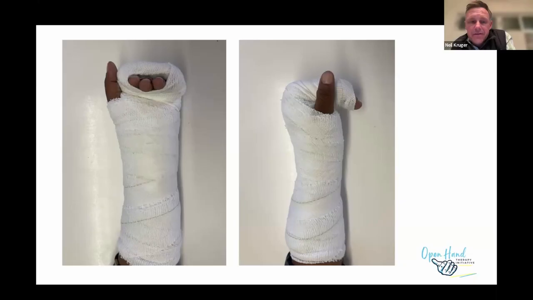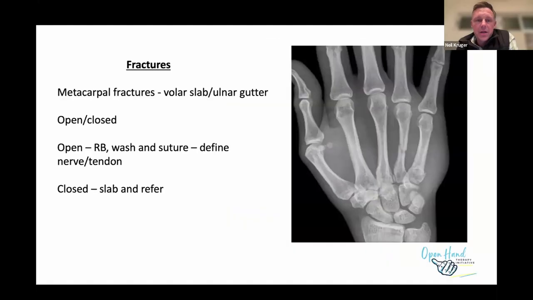When you see them in about 5 to 7 days time, cut away all of the bandage, definitely don't cut the soft tissue, basically in the palm, to allow the fingers to flex, and they can flex freely in that position. You treat this for 4 weeks in a plaster, and it's going to be absolutely fine.